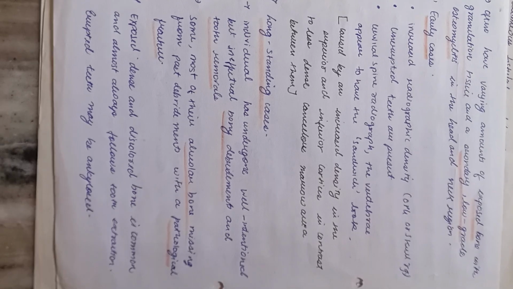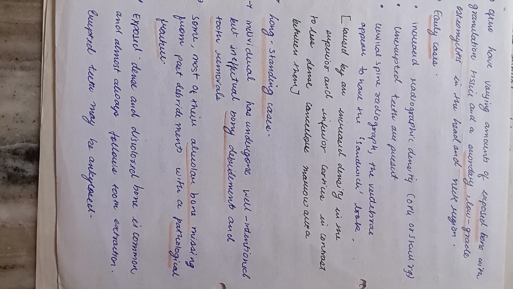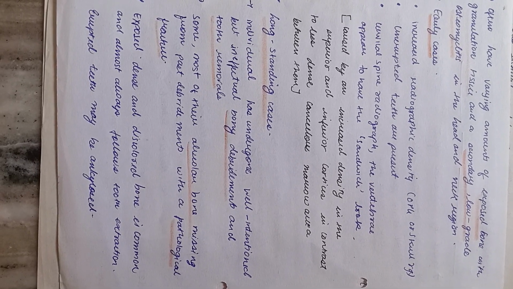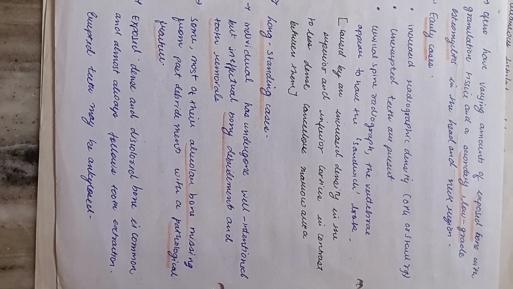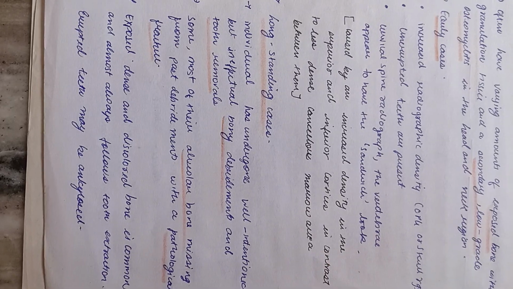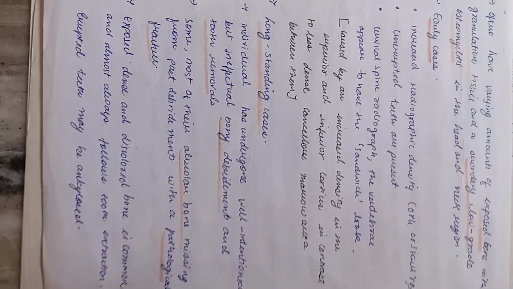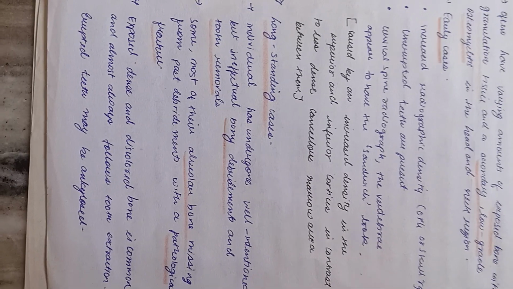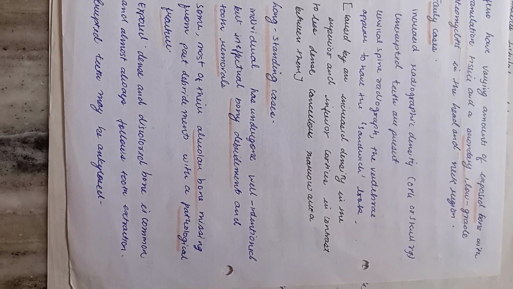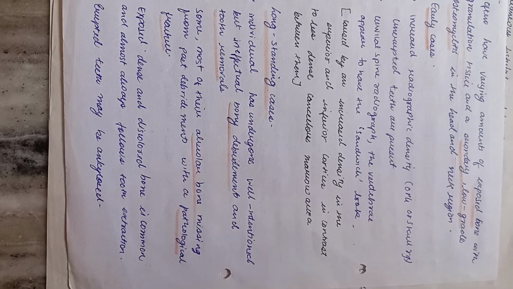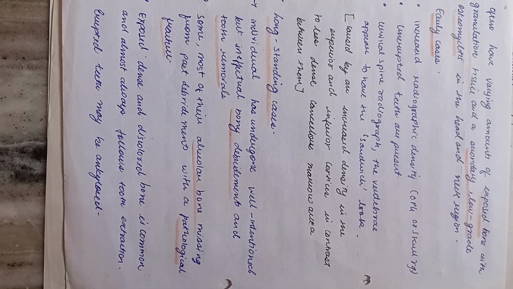In the cervical spine radiograph, the vertebra appear to have a sandwich look, caused by an increased density in superior and inferior cortices in contrast to less dense cancellous marrow area between them. तो एक एरिया मोर डेंस है, बीच वाला एरिया लेस डेंस है, तो it will appear as a सैंडविच. Cervical spine radiograph.